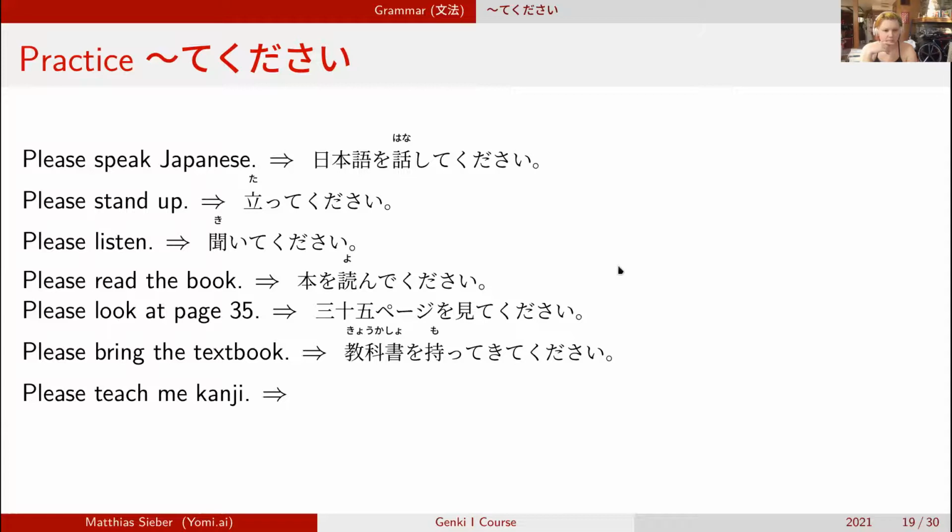Please teach me kanji. James-san, what's the verb for teach? Oshieru.